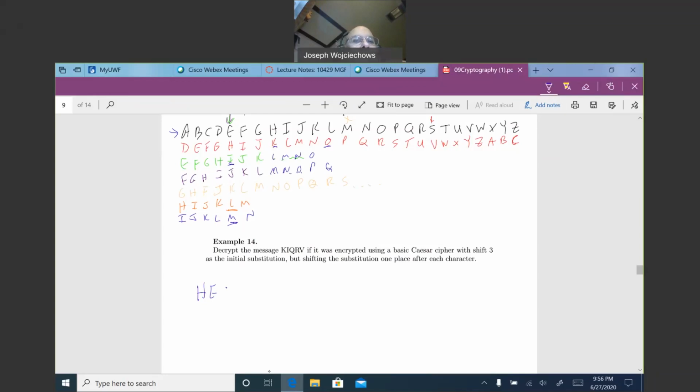Third row, Q. L, M, N, O, P, Q. That's an L. There it is. Be careful. You have to go to the top row. I didn't go to the top row initially. Okay, then we have R. Which is, R is L again.